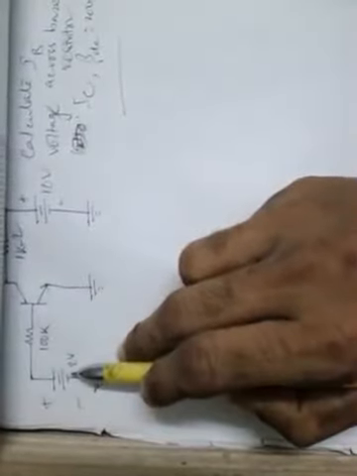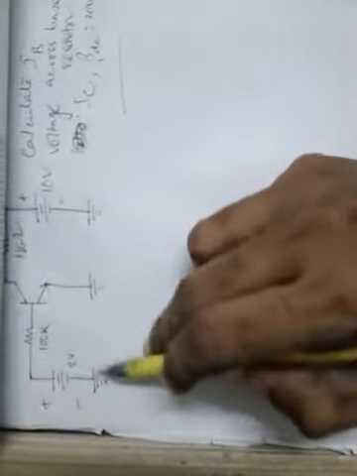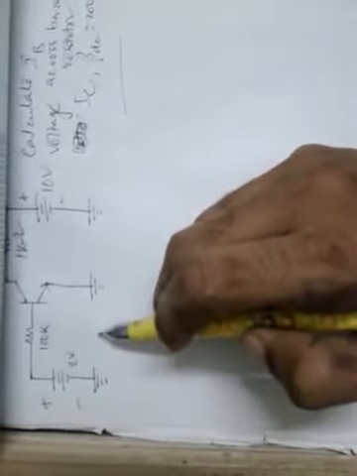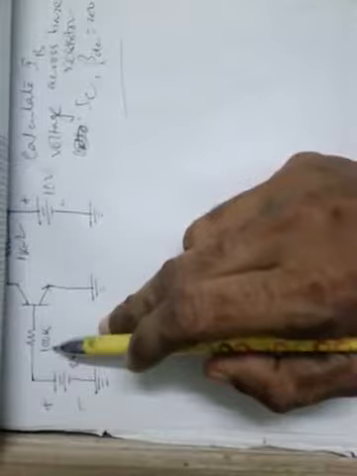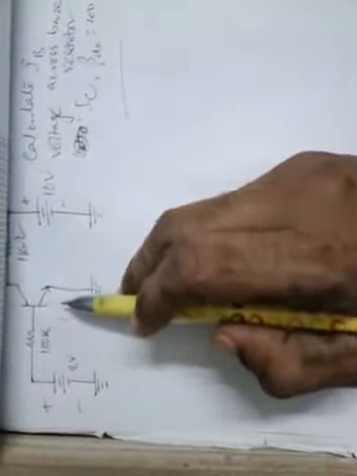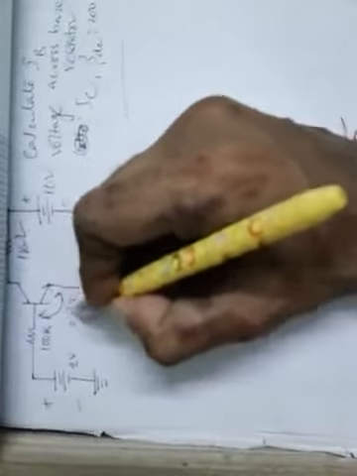And the base source voltage is 2 volt, already given. It forward biases the emitter loop. This is the base emitter loop, input loop, and 100K is the base resistance. And since the diode is non-ideal, across this base emitter junction we need to consider 0.7 volt.